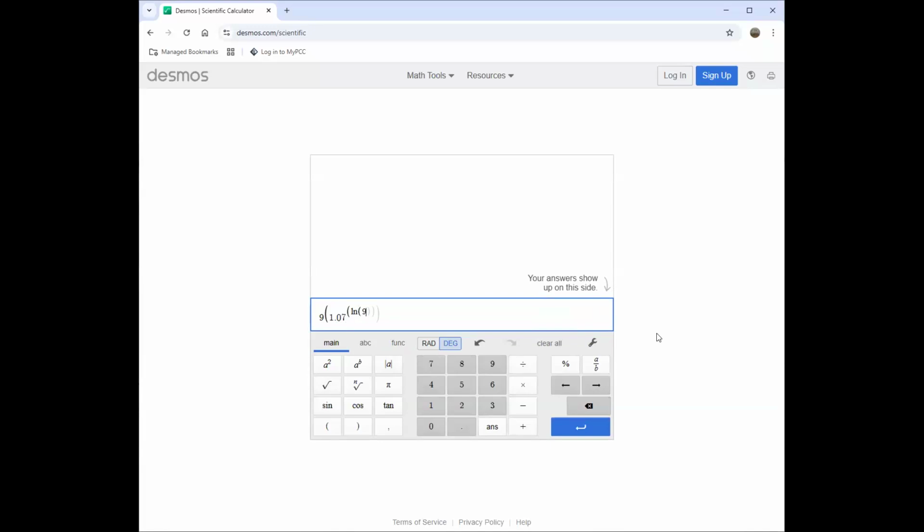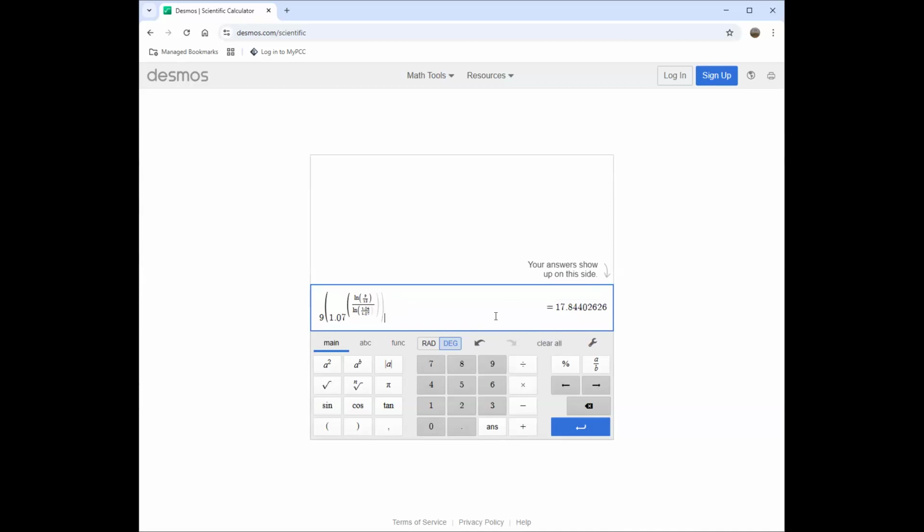We're going to reduce that down. Divide that by natural log of 1.04 divided by 0.07. And that looks right. It's a mess, but I get that number.